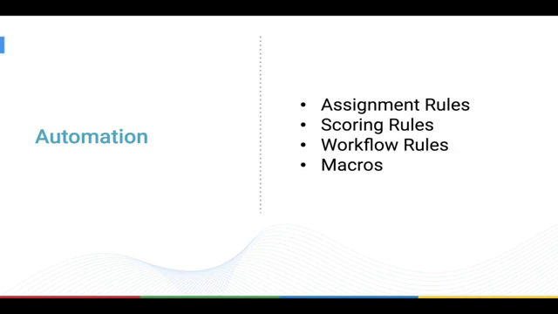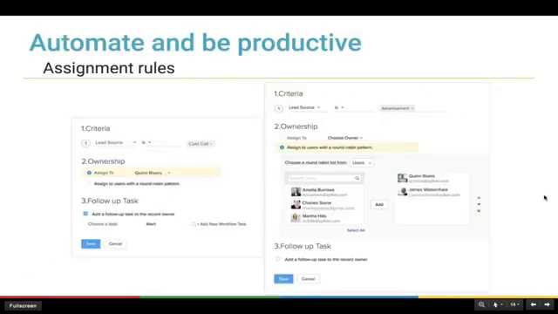Most of the time, you would manually have to assign it to a particular sales rep, isn't it? Okay, but as and when the business grows, doing this manually every single time is not the best option. So this is where we have assignment rules in place which will actually let you to assign the records to the users in Zoho CRM. So thus you will be able to get the right leads into the right hands.